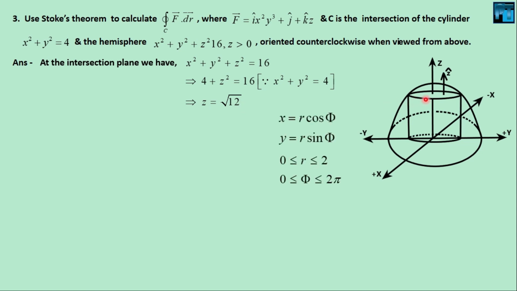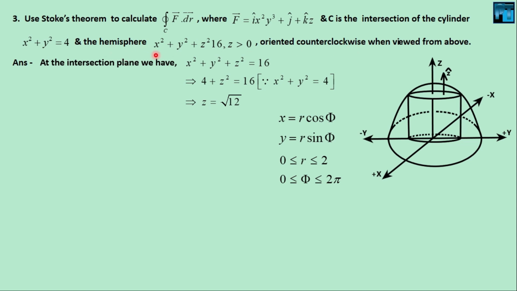Now the parametric forms. Again, the parametric forms are circular parametric forms. Though in 2D this looks like an elliptical path, it is actually a circular path because this is a circular equation and this thing is a hemisphere.